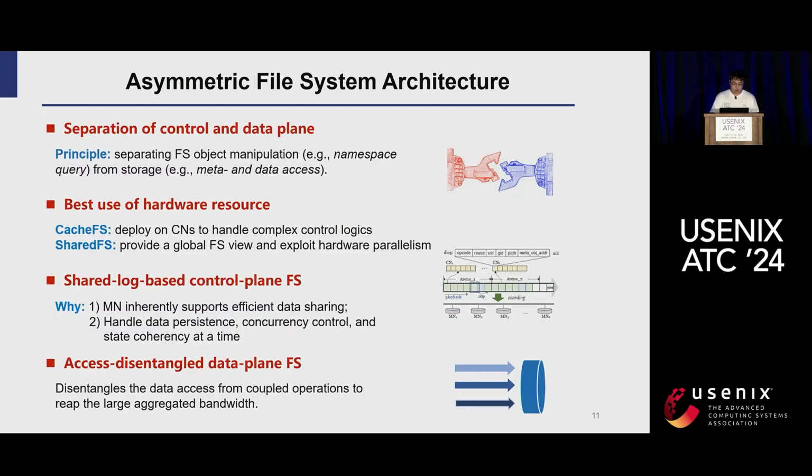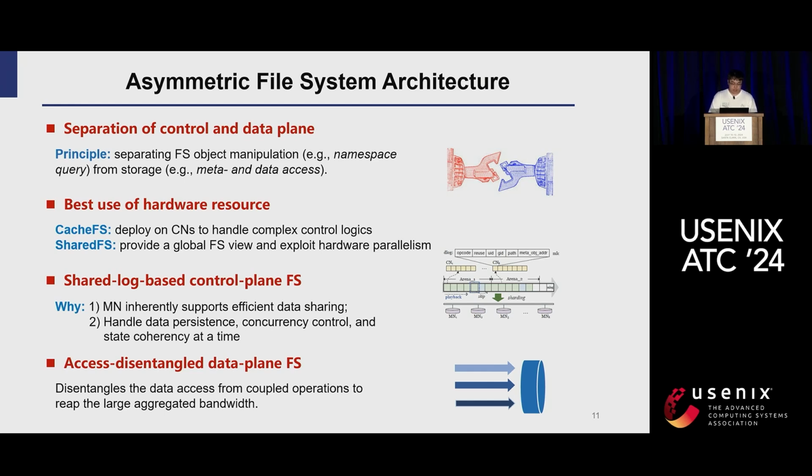Next, we describe the proposed file system architecture in detail. This asymmetric file system architecture separates FS object manipulation from storage. The CNs exhibit superior computing capability. We design a set of cache FSs for the control plane FS that run atop available CNs. Each cache FS instance maintains a cached partial view in its local small DRAM.